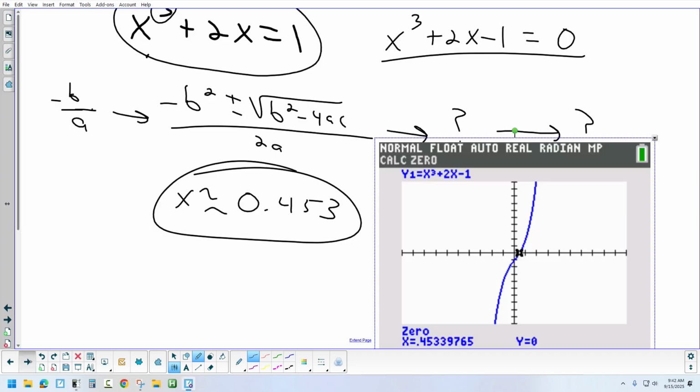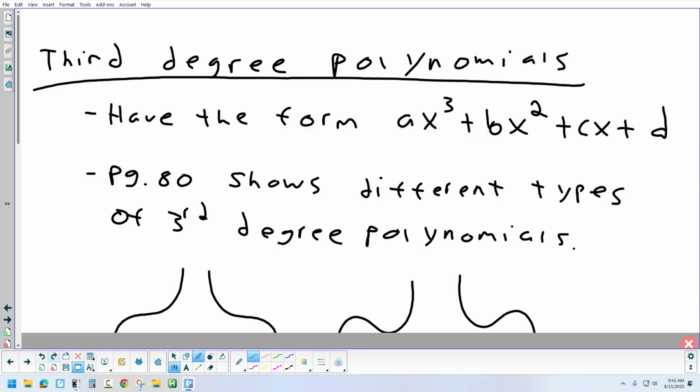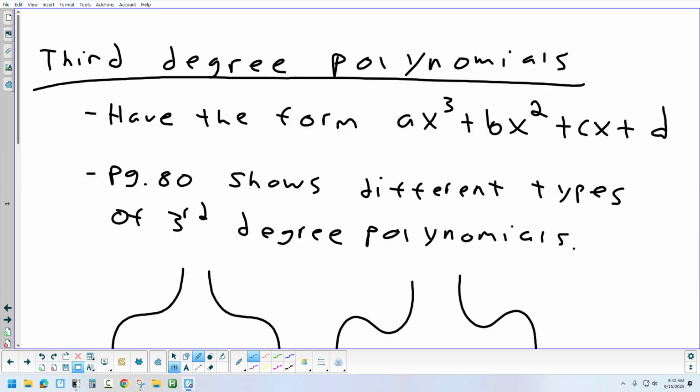All right, so let's talk a little bit about just cubics in general to finish up. A cubic polynomial has that format. It can have 4 different terms: a cubic, a quadratic, a linear, and a constant. It doesn't have to have them all, but it does have to have a cubic term, or it's not a cubic.